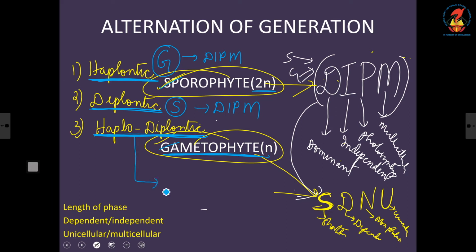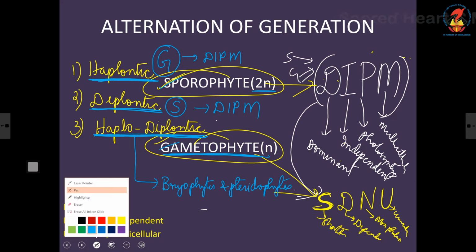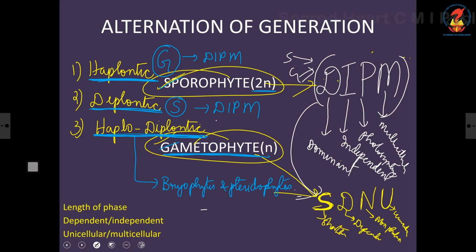It is found in the bryophytes and pteridophytes. I am bringing these two. It's an intermediate condition because in bryophytes and pteridophytes, one phase should be DIPM. In pteridophytes, it is the sporophyte that is DIPM, whereas in bryophytes, it's the gametophyte that is DIPM.